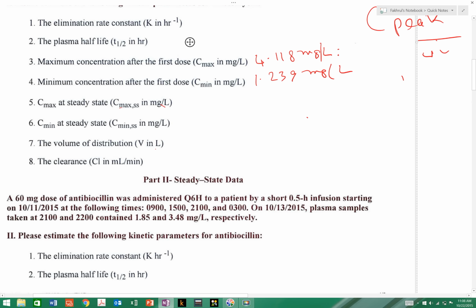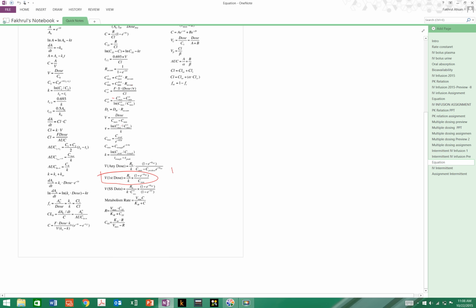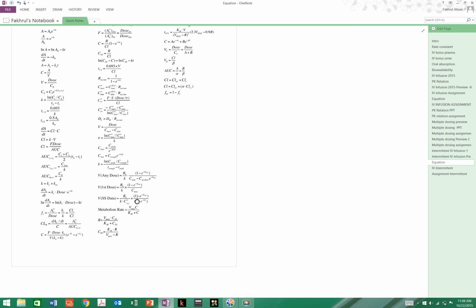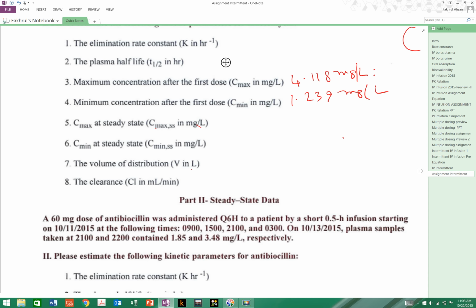For V first dose, you go back to this equation here. Anyway, this is the equation we are going to use here.